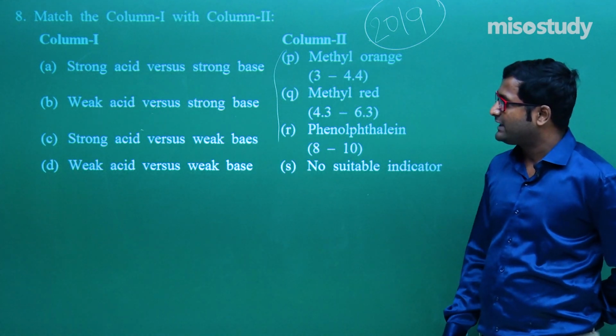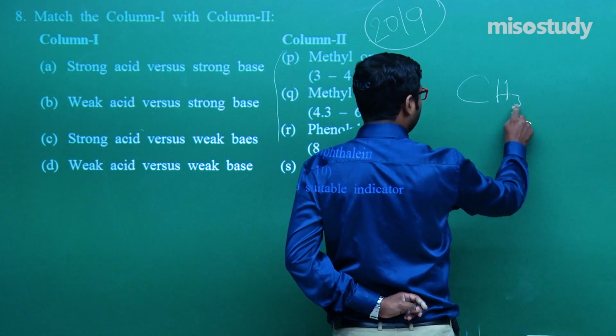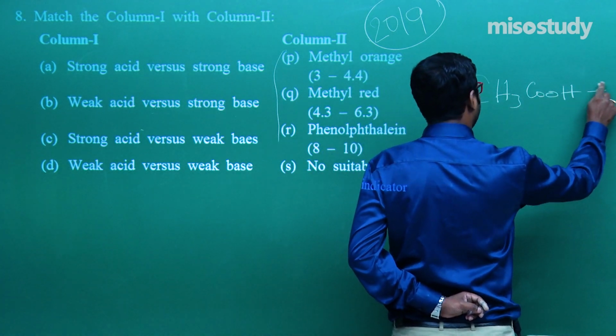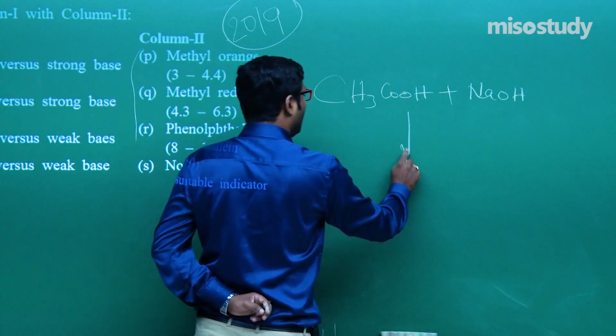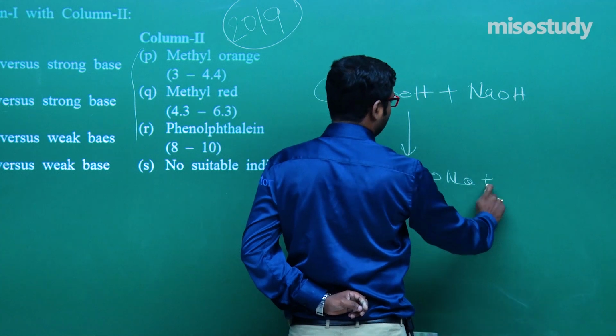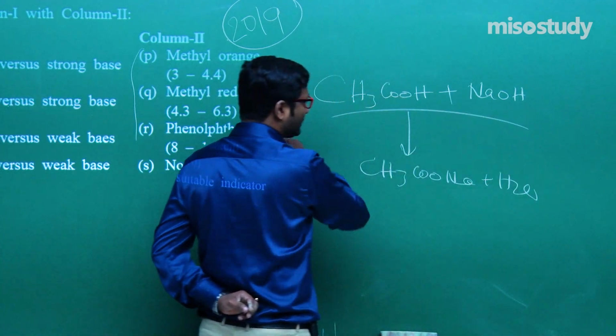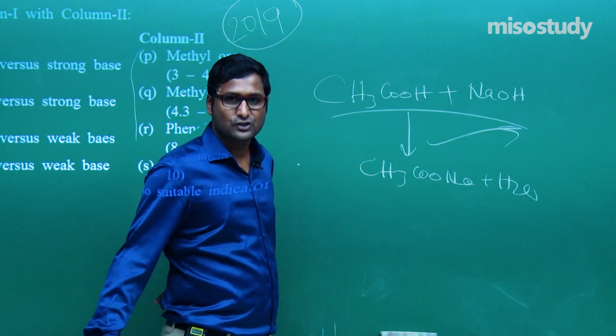As we know, when we take a weak acid like CH3COOH and the strong base is NaOH, clear to you? What will happen? That is CH3COONa plus H2O. Definitely when the reaction proceeds, it will have dominant basic character because here is a strong base.